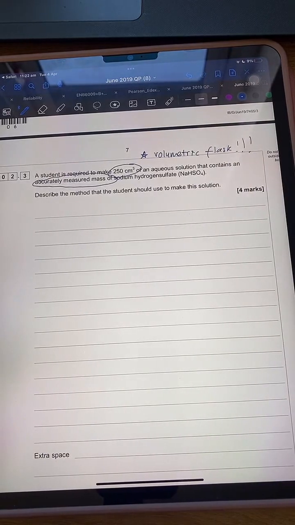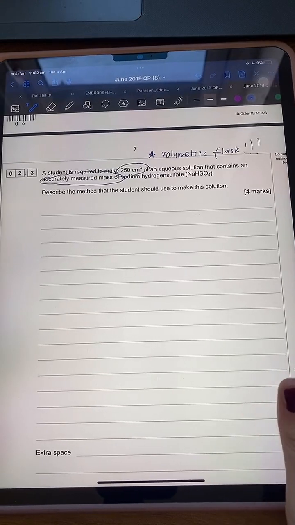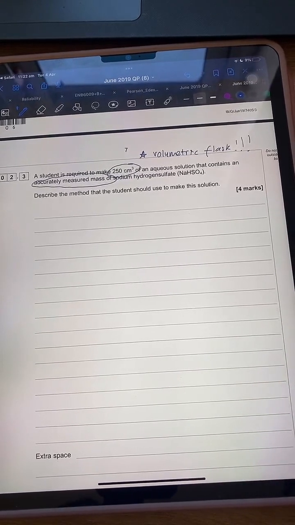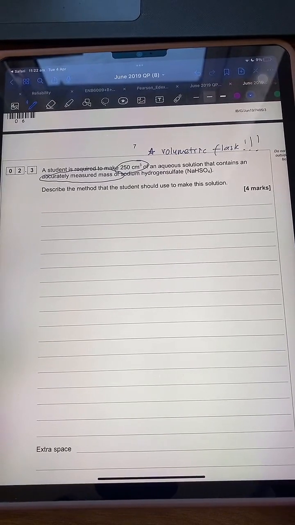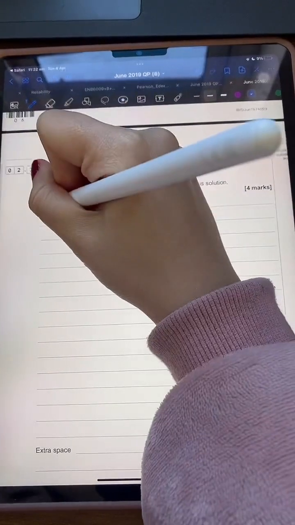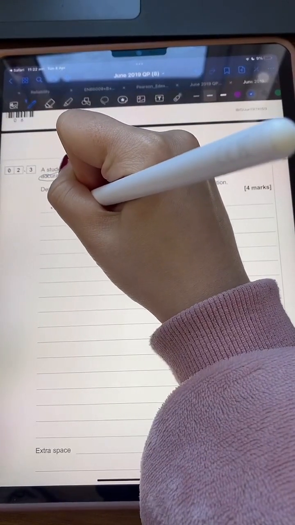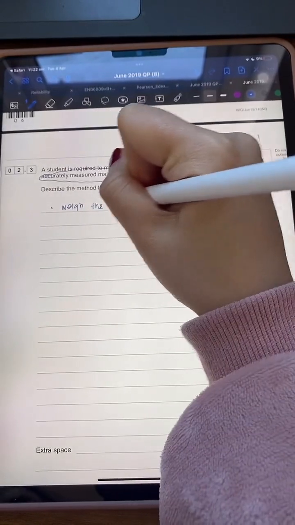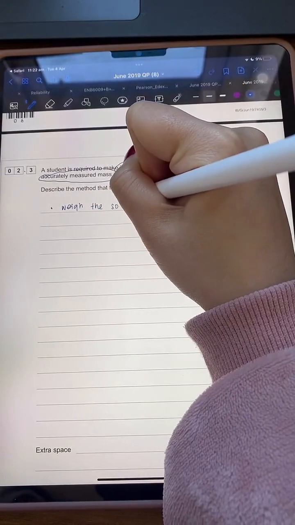So first thing you want to do is to weigh the solid using a digital balance. Keyword digital because it's more accurate.